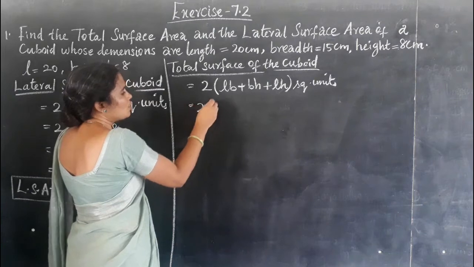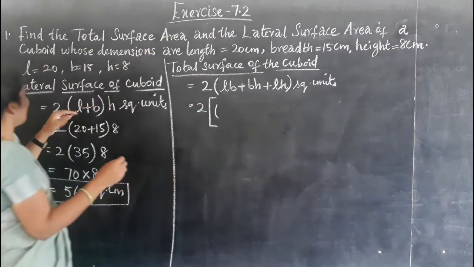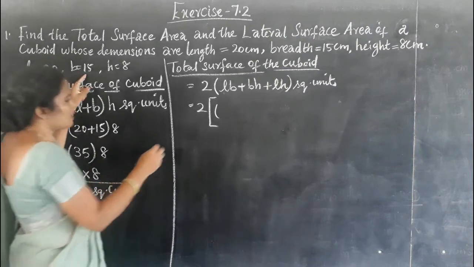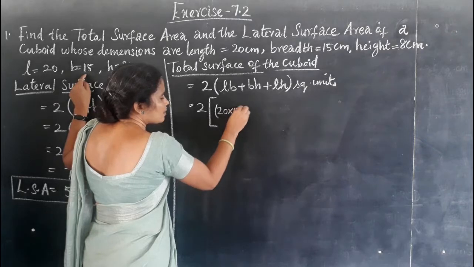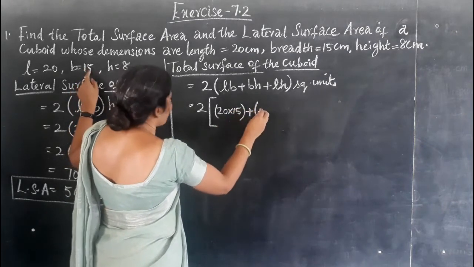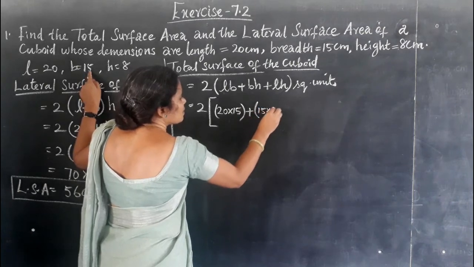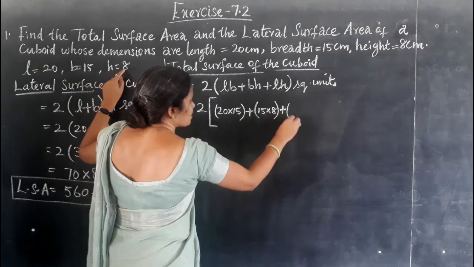Okay, now 2, so length into breadth. So length is equal to 20 and breadth is equal to 15. So 20 into 15 within bracket plus breadth into height, so 15 into 8, plus length into height, so 20 into 8.